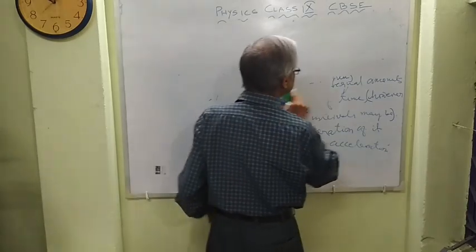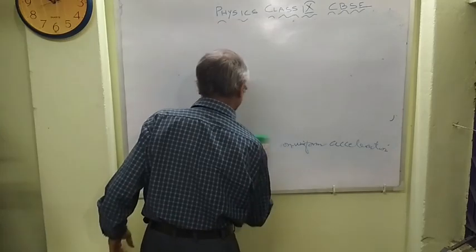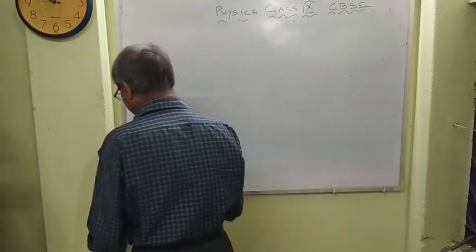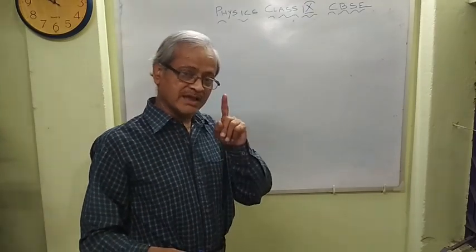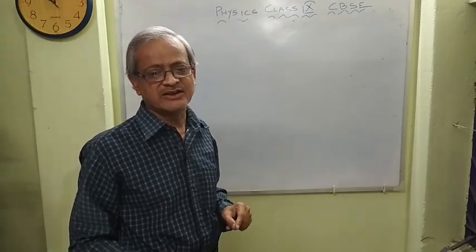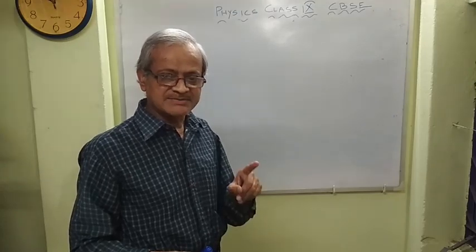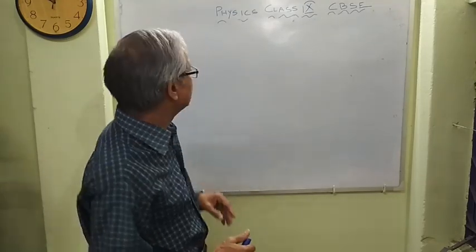Instantaneous speed or instantaneous velocity or instantaneous acceleration. Instantaneous speed is the speed of a moving body or a moving particle at a particular instant of time, or at a particular point on its path.